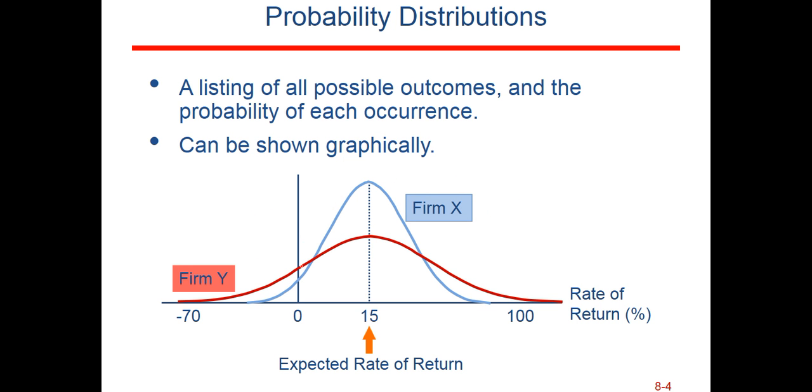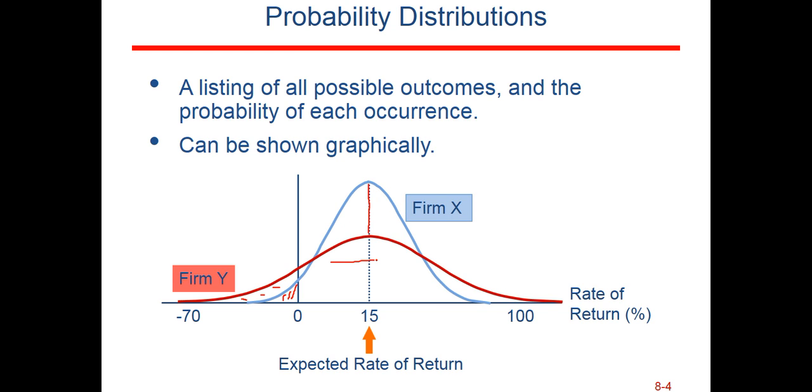Now, if you look at these two graphs, you are going to see that the probability of losing value, which is denoted by the area under the red curve, is greater than the probability of losing money under the blue curve. So the red curve, from that perspective, is riskier. They have the same expected return, so the average is the same.